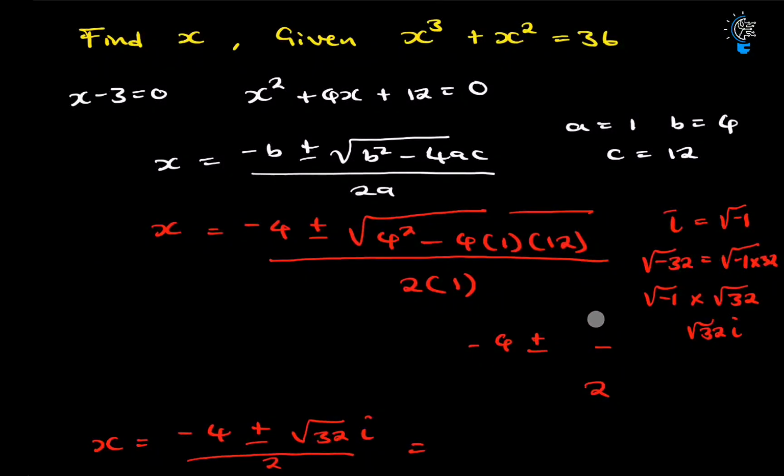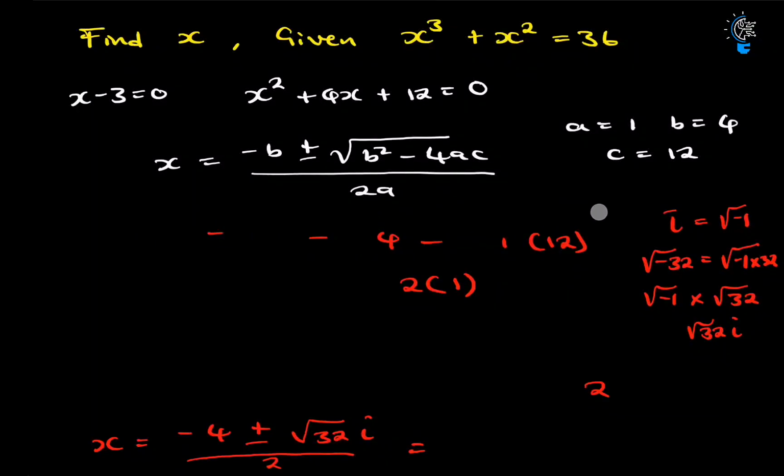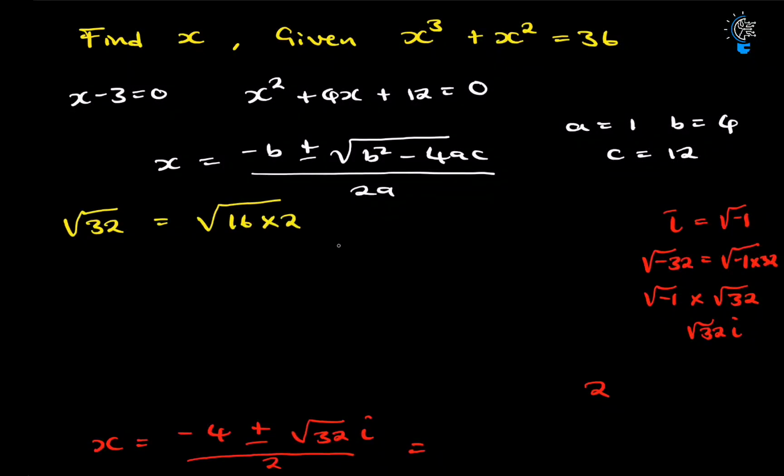So the root of 32, just label everything. When you say root of 32, this can be written as 16 times 2. And we can end up with 16 times the root of 2. We know that 4 times 4 will give us a 16. So we can write it as 4 root of 2. Okay, let's substitute it there.